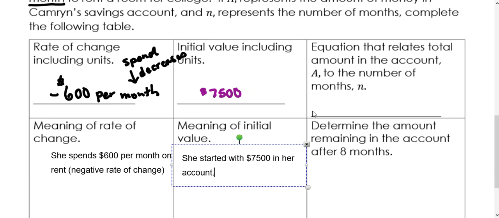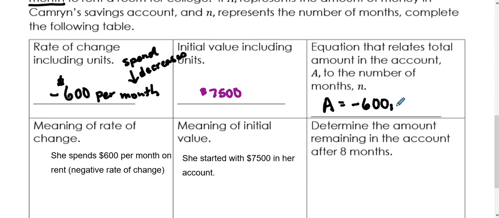So when I make my equation, we have to make sure that we include that negative value in that. So when I write that down, it's got to be negative 600 n plus 7,500, because we want to show the decreasing part. All right, so that's why that's negative.